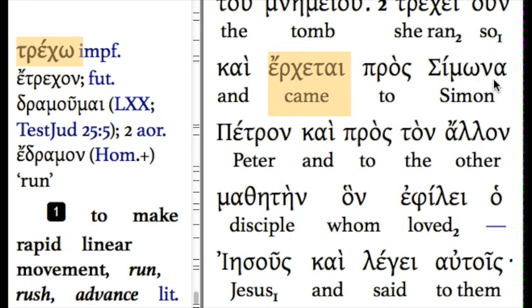Pros Simona Petron kai pros ton allon mathetein hon ephilei ho Iesous. So she comes to Simon Peter and the other disciple whom Jesus loved. Now this is an interesting one. What's going on with this?